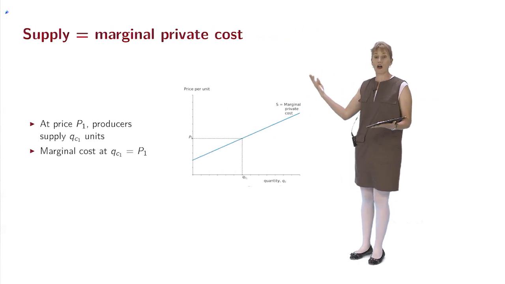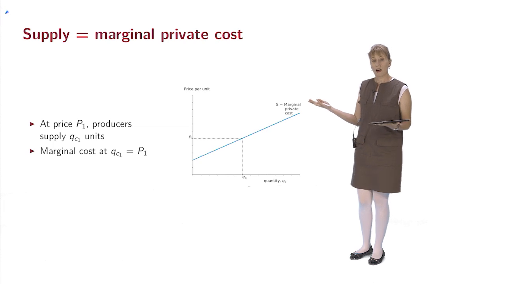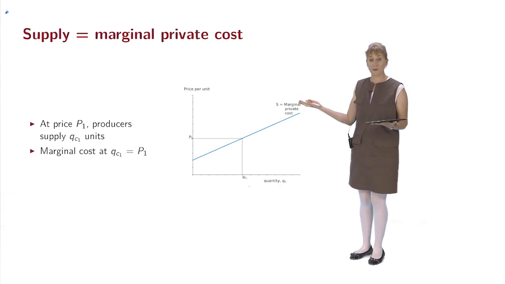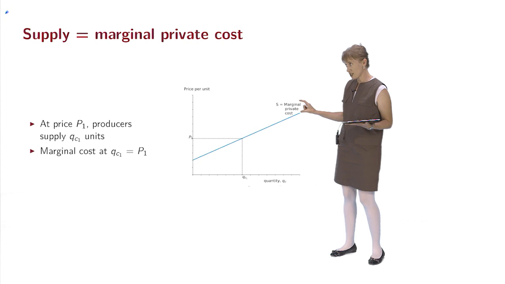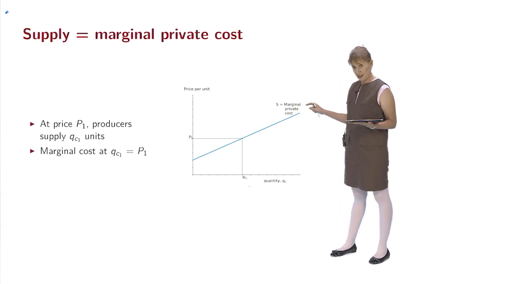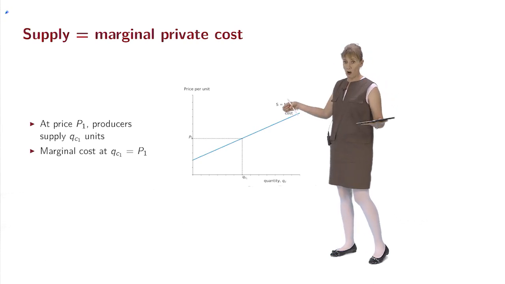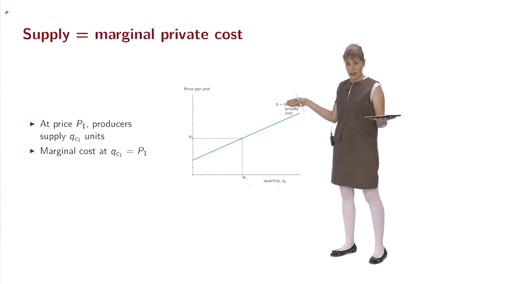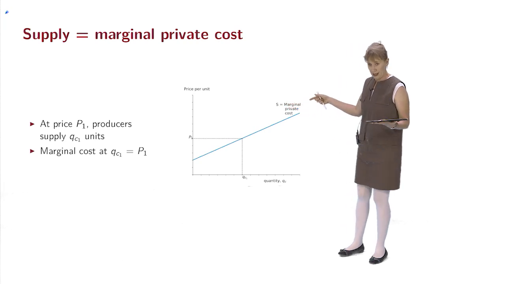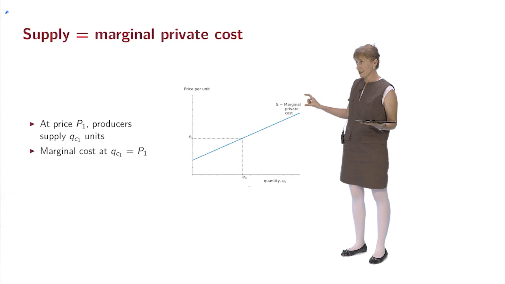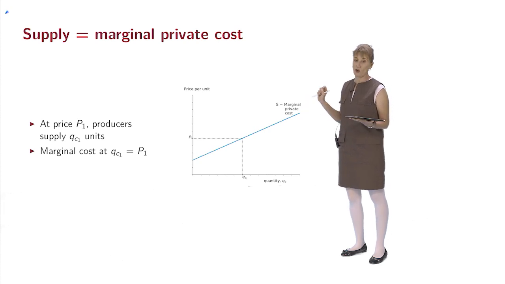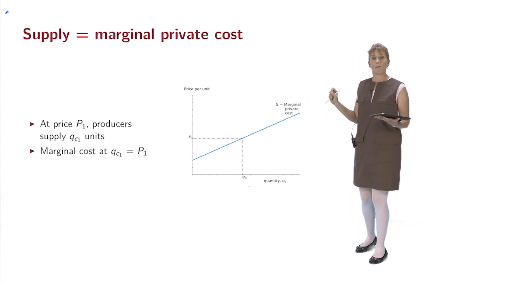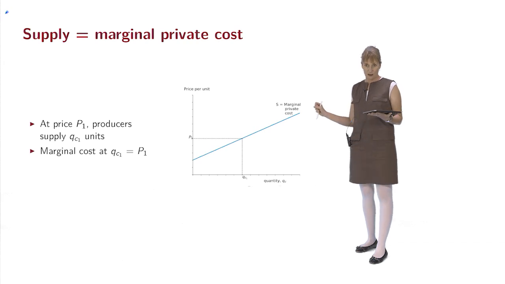Now let's recall our calculation of producer surplus. Now the supply curve is the sum of all of the marginal cost curves of all of the firms in this market. And so we can say that our supply curve also represents marginal private cost.